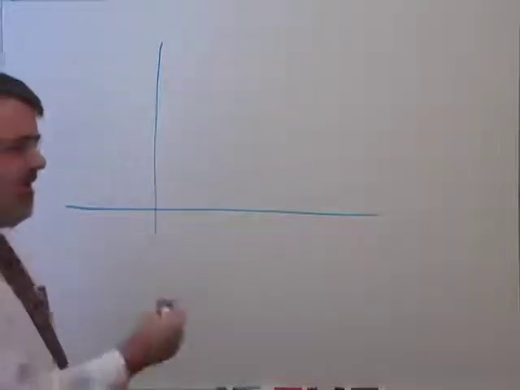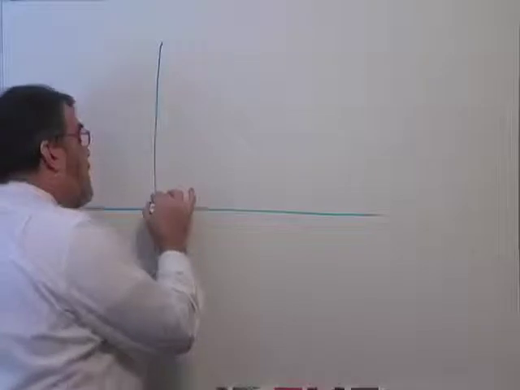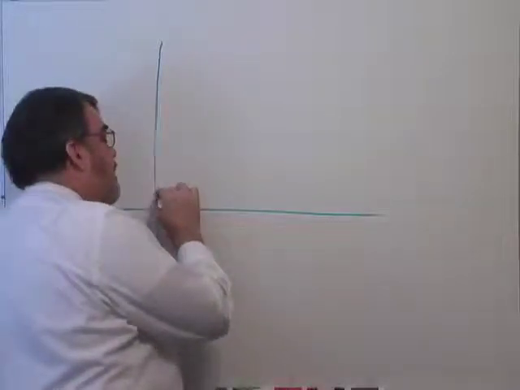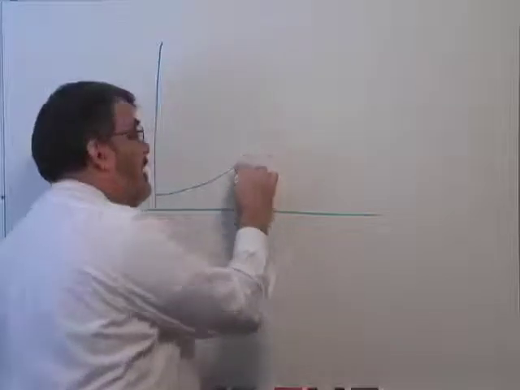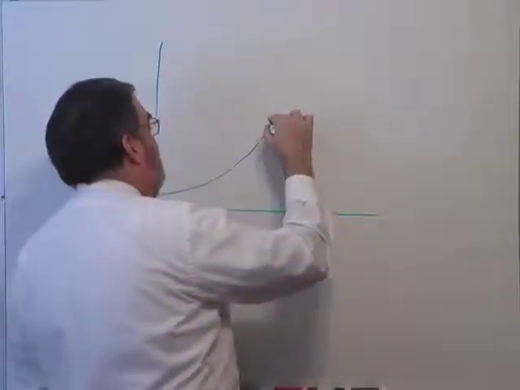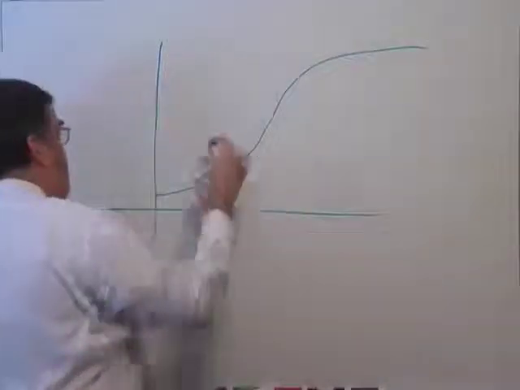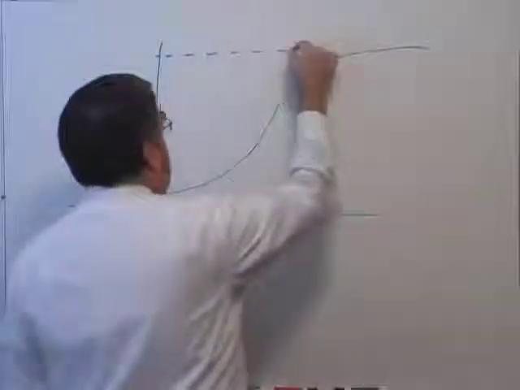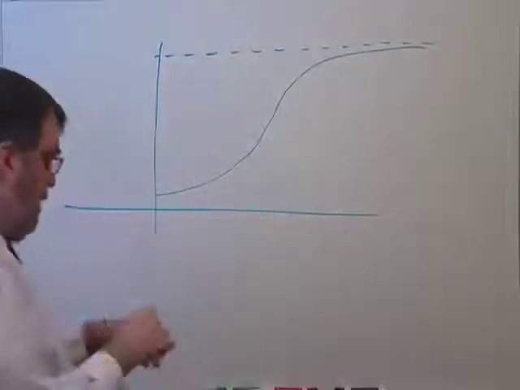When the disease enters a town, there are only a few people that have it, and so the amount of infections growing from them is increasing slowly, but it picks up speed as more and more people get the disease and are spreading it, until a point where it starts to slack off again. And there's a theoretical maximum up here of how many people can be infected.